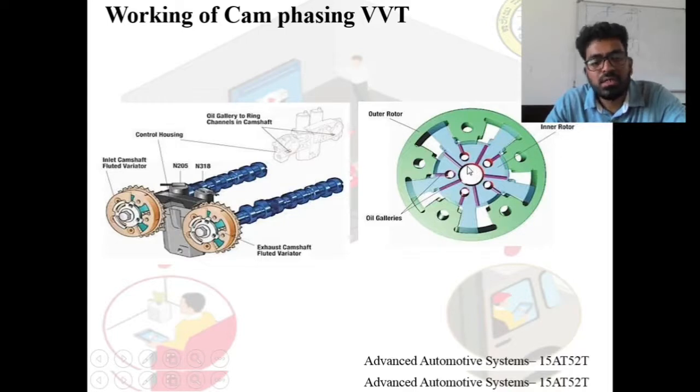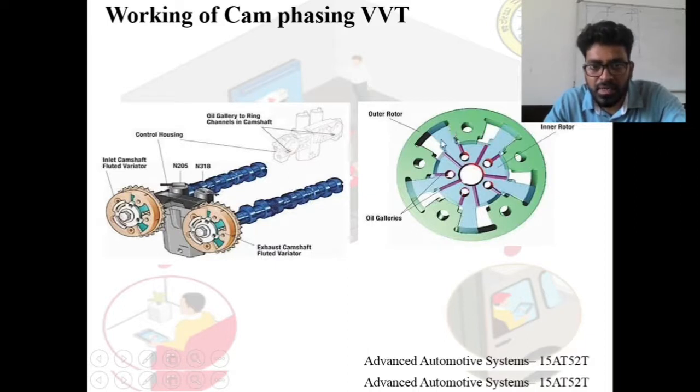valve has to be open in retard. Means that at that time the control housing supplies the oil or fluid through this port and left side housing of the inner rotor, this side.